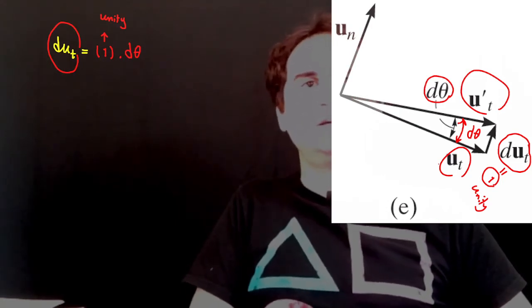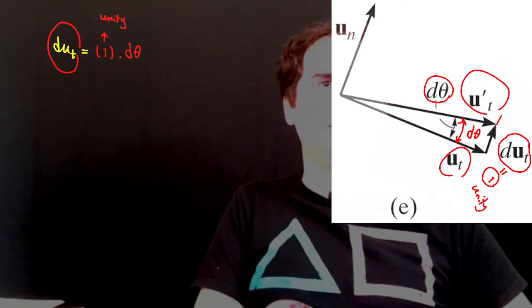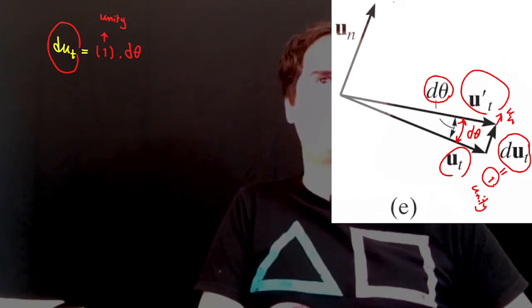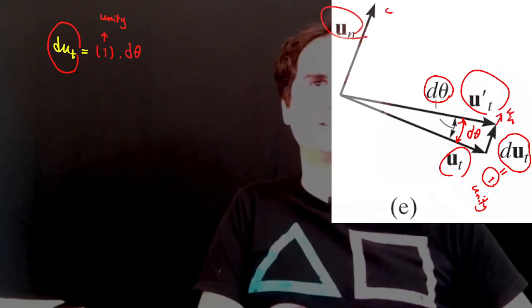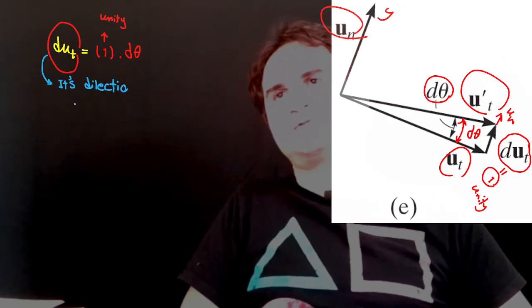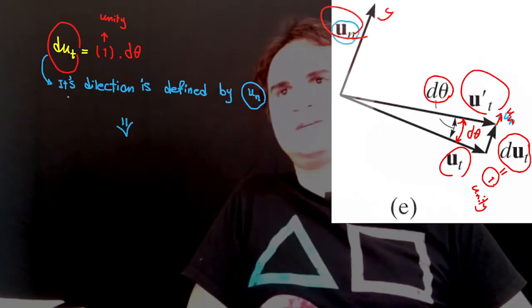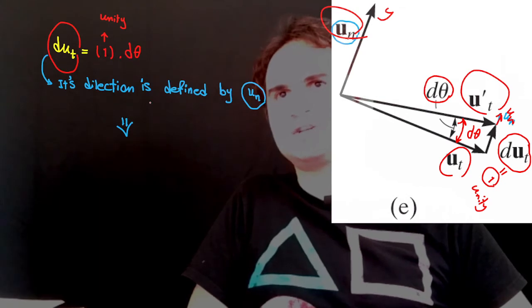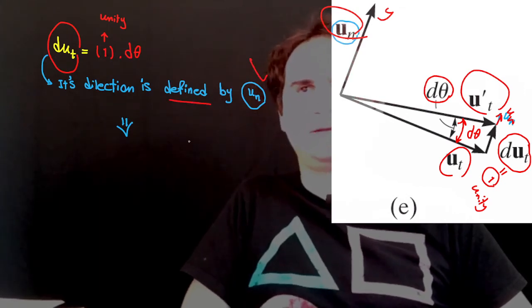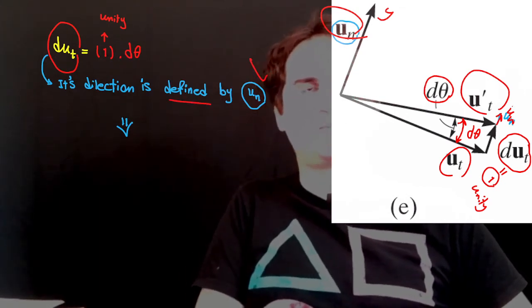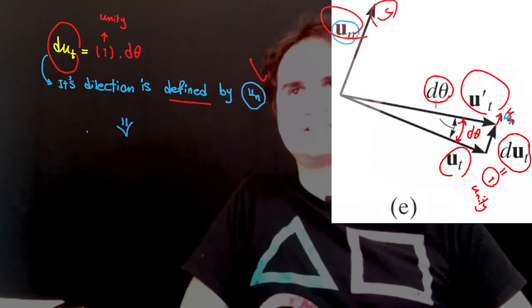And definitely there is a normal. If you look at the direction, it points toward the normal axis, that's u_n. So we can simply say its direction is defined by u_n.